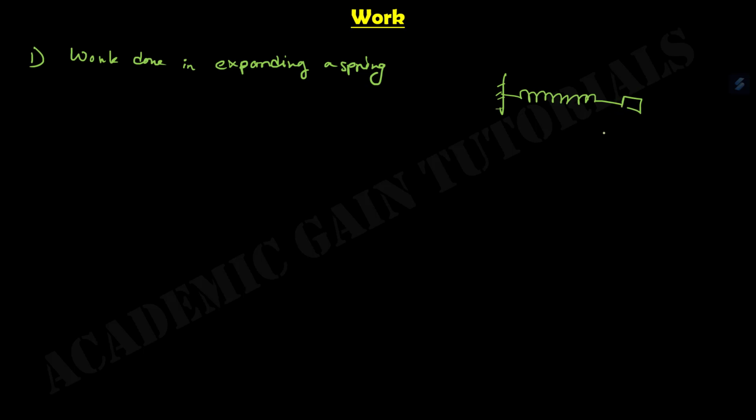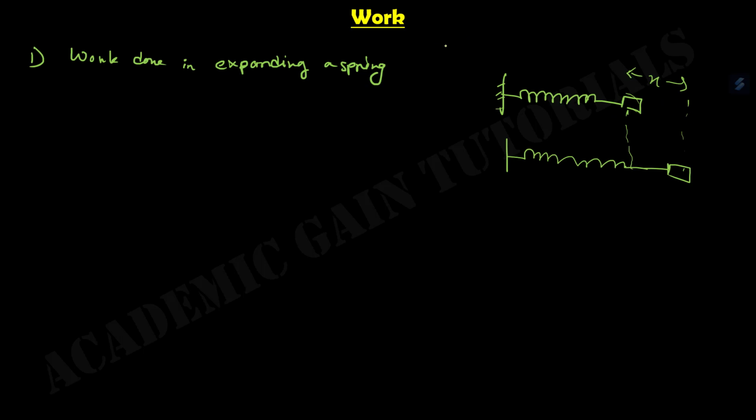Now if we pull the spring and move it from this point to this point, this distance is x. We pull the weighted part of the spring by distance x.